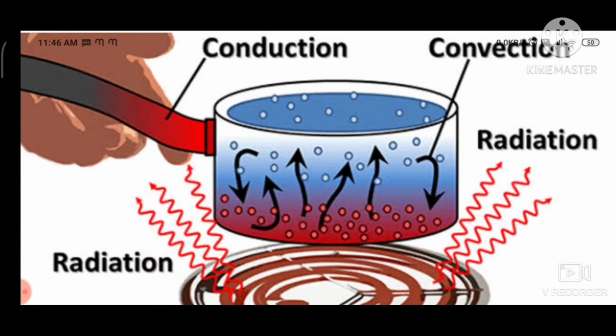The arrows in the vessel show the movement of particles down to up and up to down, and a few arrows are shown from the stove coil also, moving far from the stove and the vessel. It is called radiation. So these hot rays make us feel hot even if we don't touch the hotter particles, because of the presence of hot waves around that particular region.